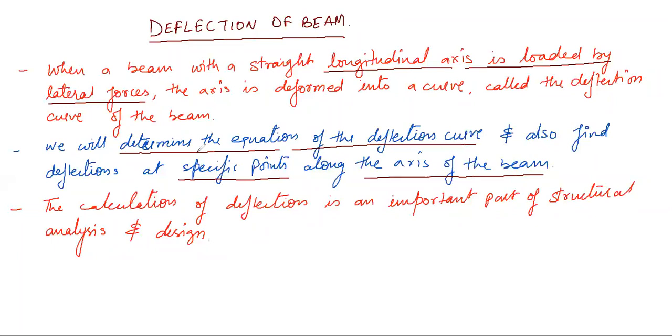So moving to the next one, I'm going to define the heading. Like in the previous topic, we are to determine the equations of the deflections, right? So how are you going to define the equations of the deflection curve?